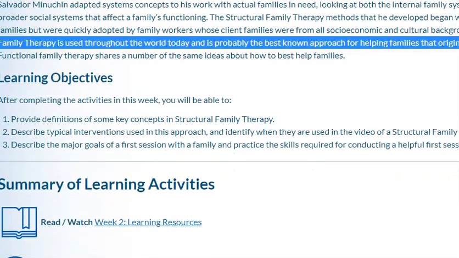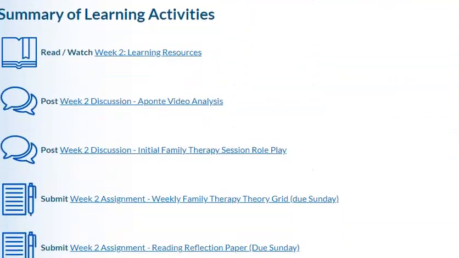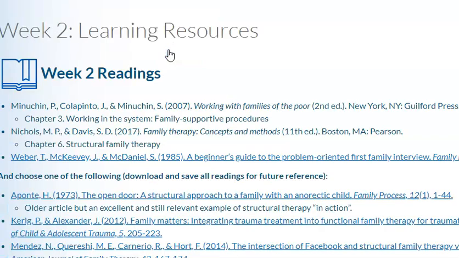So the learning resources are as follows. The readings are Minuchin, Colapinto, and Minuchin, Working with Families of the Poor, and you're looking at chapter 3.